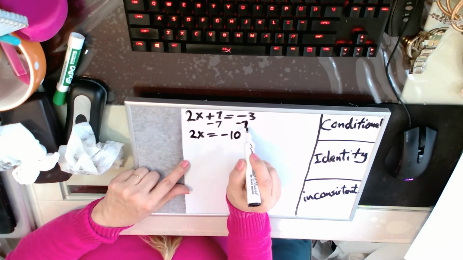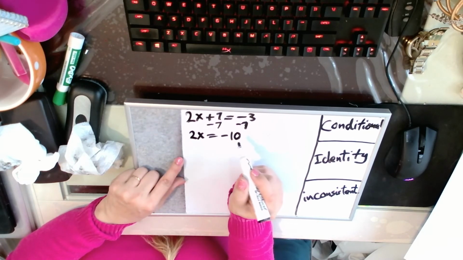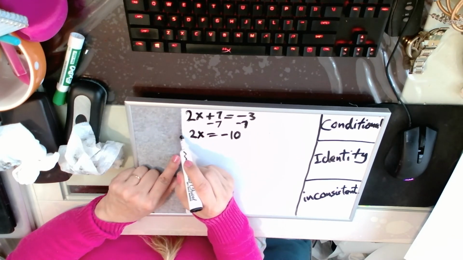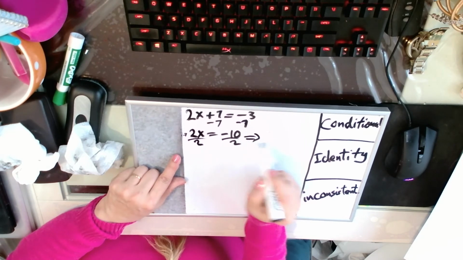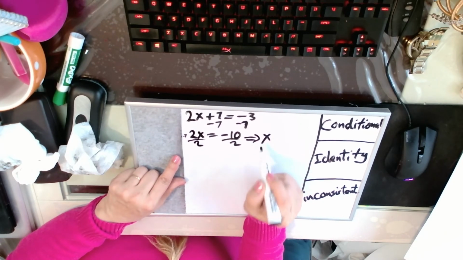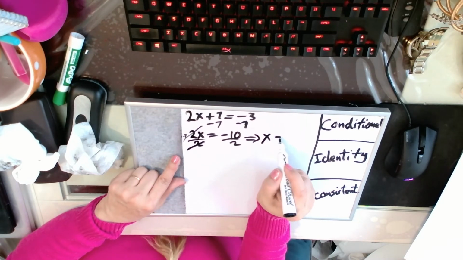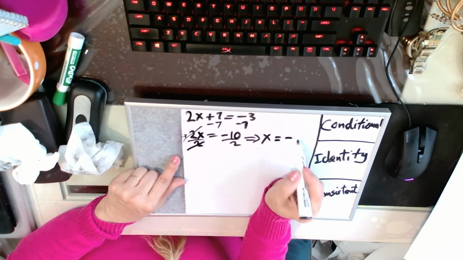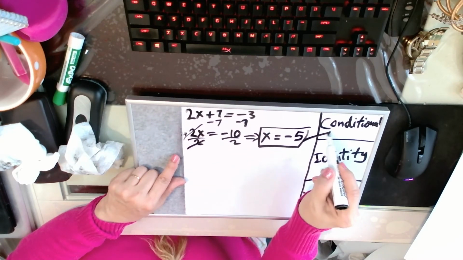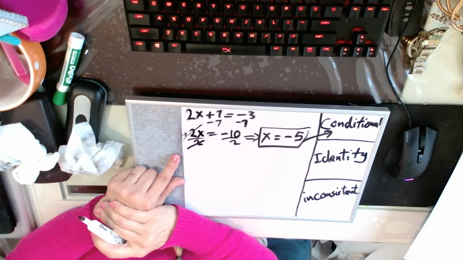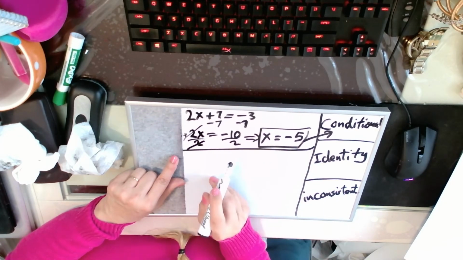Remember, minus 3 minus 7, it's minus 10 or negative 10. So we want to get rid of the 2, divided by 2. This is divided by 2, so it's gonna be x equals minus 5. So this is conditional.